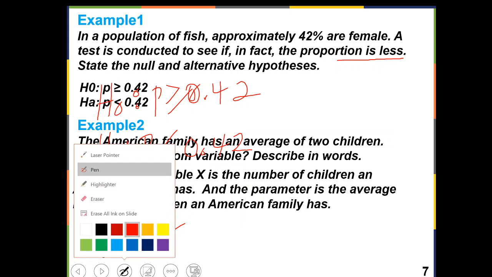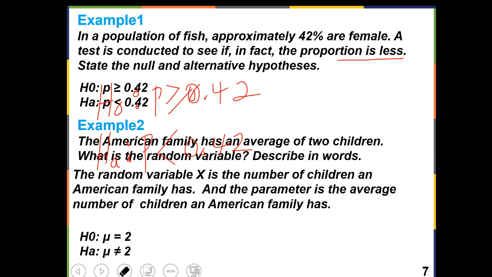Now again, both of these are claims, right? So this is a claim and this is a claim, but one of them is the one that we care about because we want to know whether we support it or reject it, right? So for example, this could be the claim.